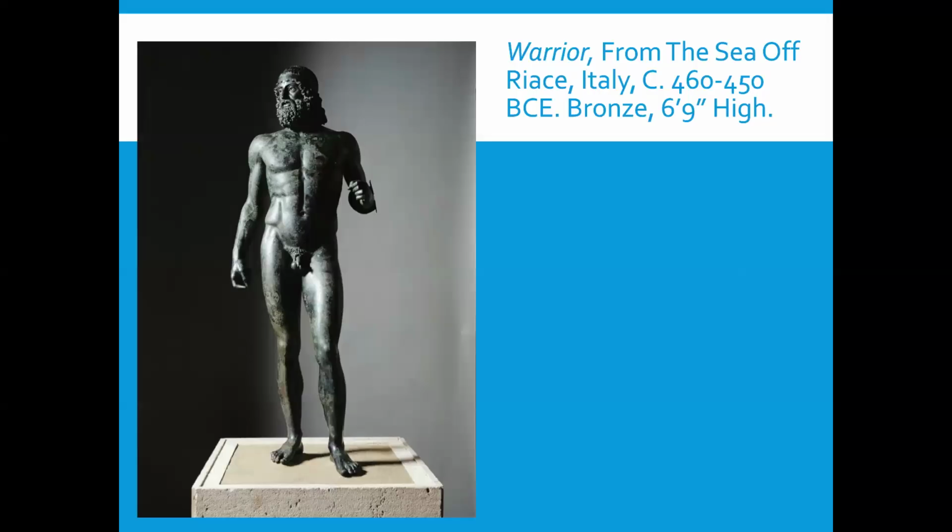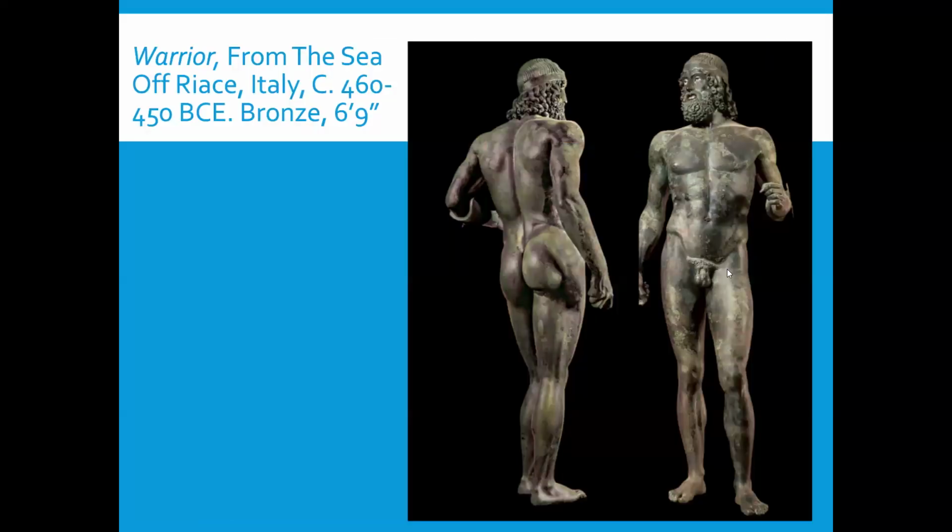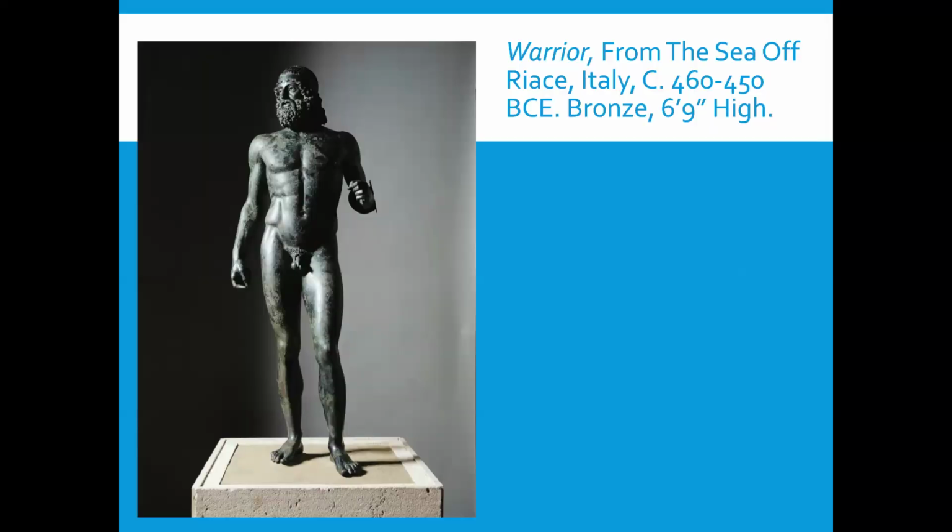It would have had a spear and a helmet and a shield. I just have the back, but you can see here the lips, the nipples and the eyes are inset with copper or another material. The weight shift is more pronounced than Kritios boy here. The head turn is more forceful to the right.